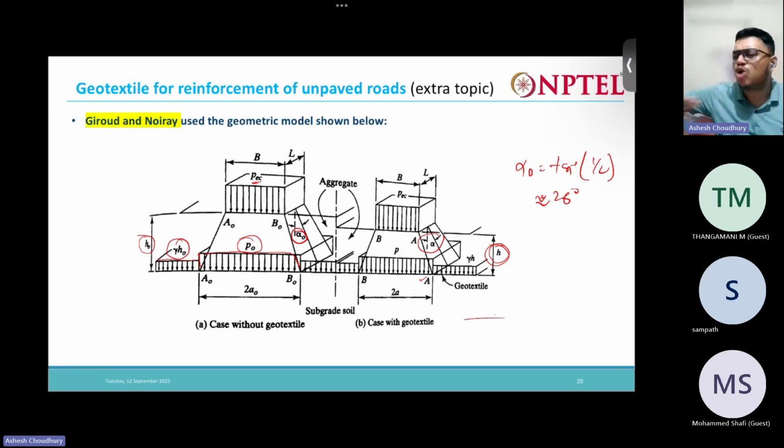But we will solve one problem initially where we take alpha equal to alpha naught just for the initial solution. Practically, the dispersion angle becomes higher when we use geotextile or any other inputs.